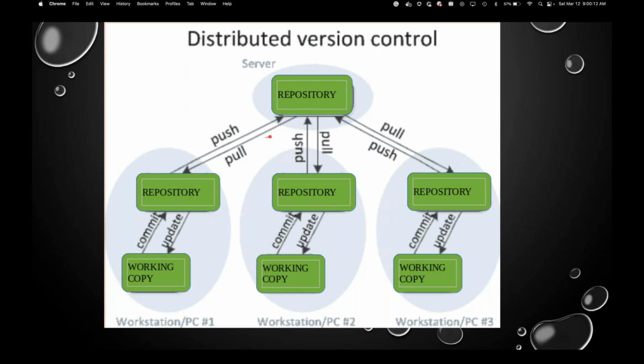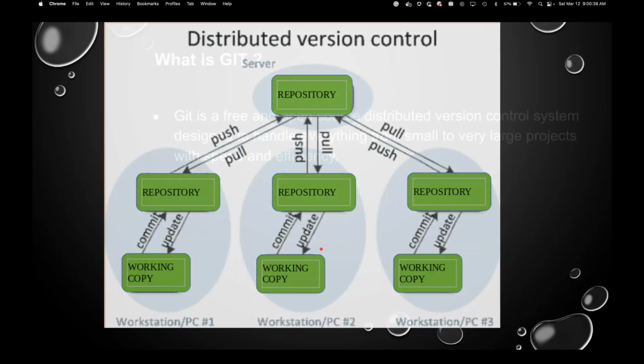If he wants the latest changes, he can pull the changes to his local repository, and from there they will be reflected to his working copy. So that is how each and every developer can work on their local version control system. So this is about the distributed version control system.